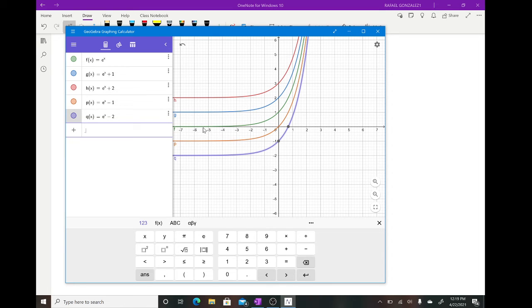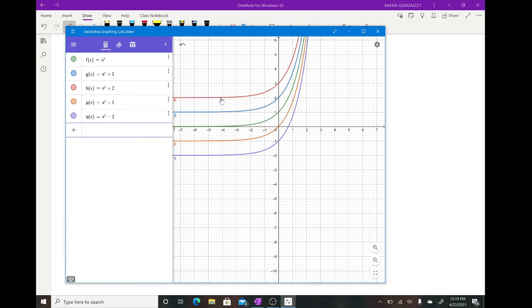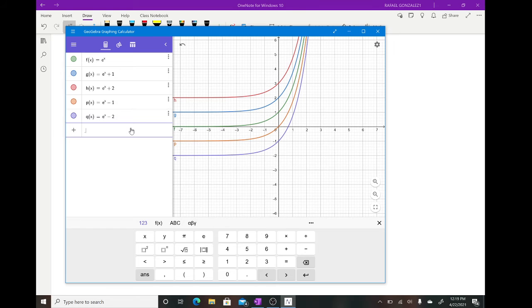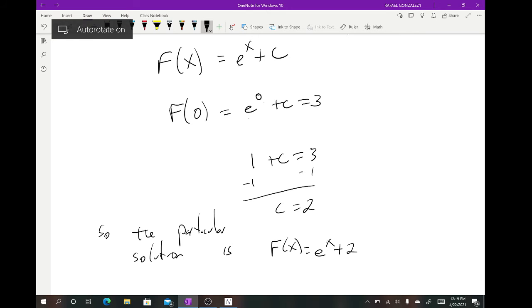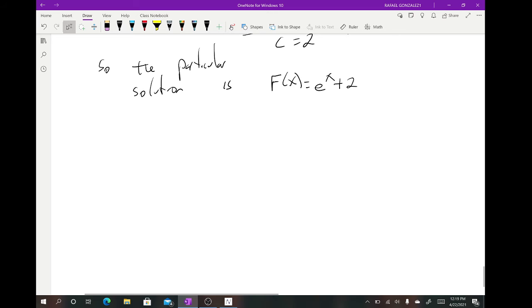So there's only one function we get from taking the derivative of all of these, but we could actually find particular solutions if you're given a point on the original graph. So you could find exactly which antiderivative you're looking for. Okay? So this particular solution gives us the exact function that we are looking for, in this case, e to the x plus 2.